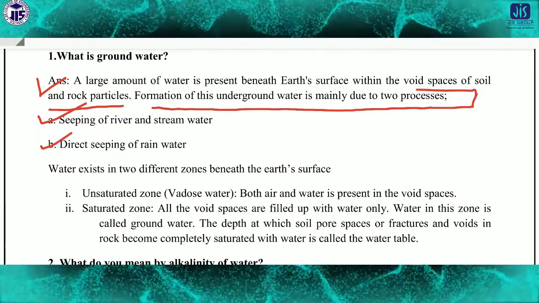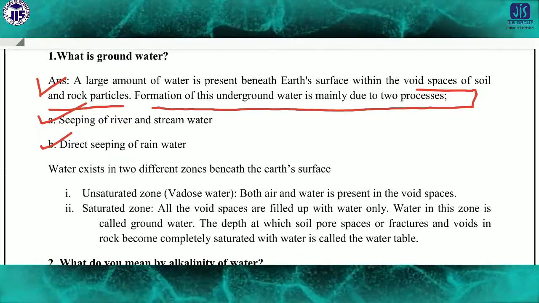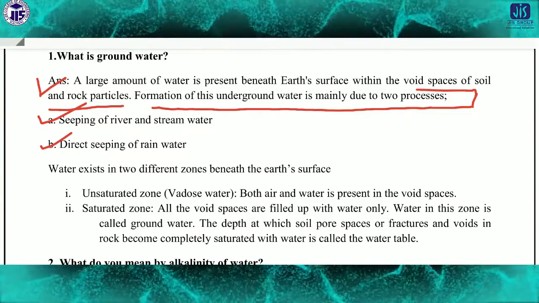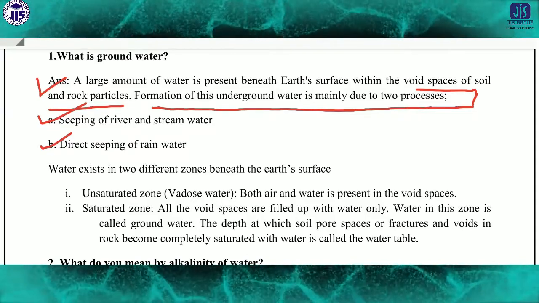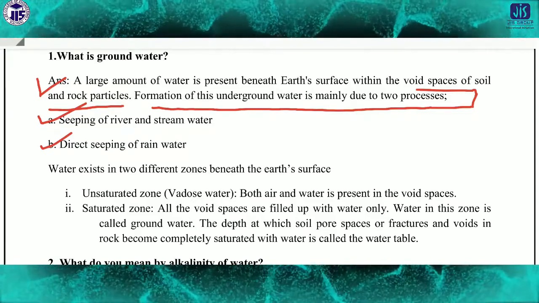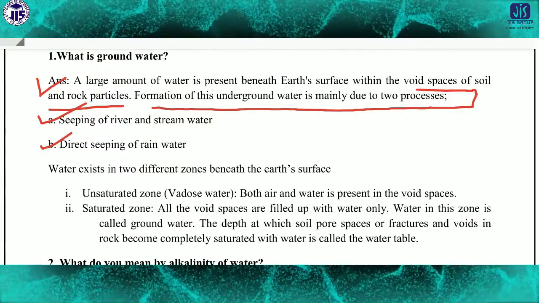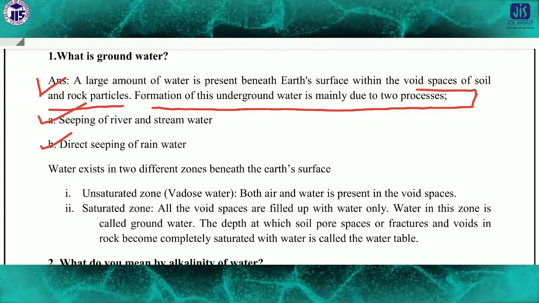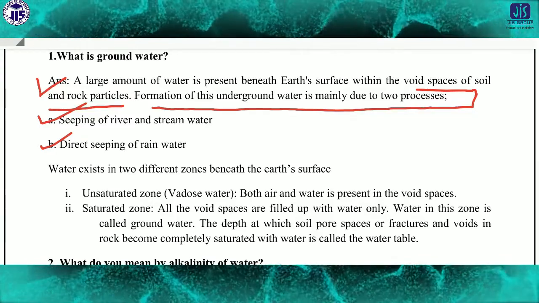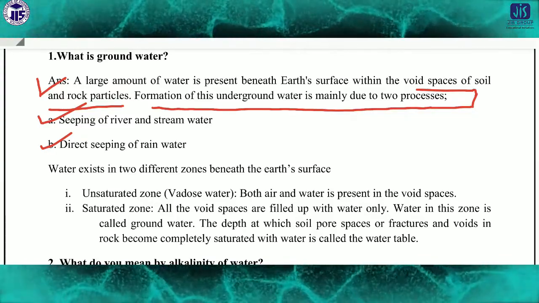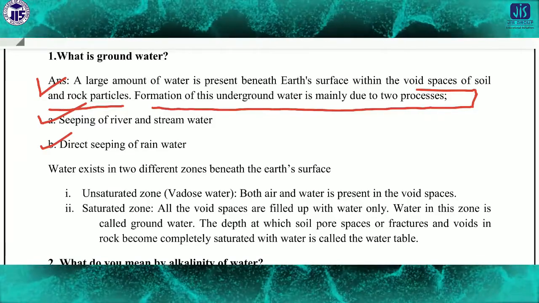Water exists in two different zones beneath the earth surface, the unsaturated zone or the saturated zone. In this way we can know the formation of groundwater. So this is the overall syllabus of your water.